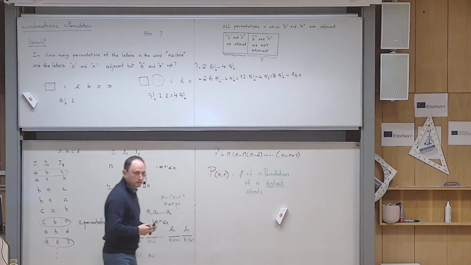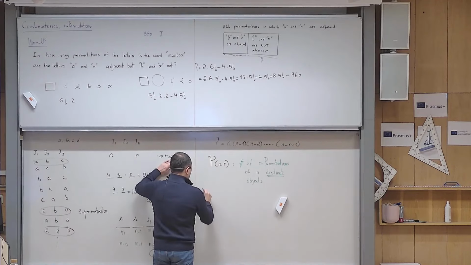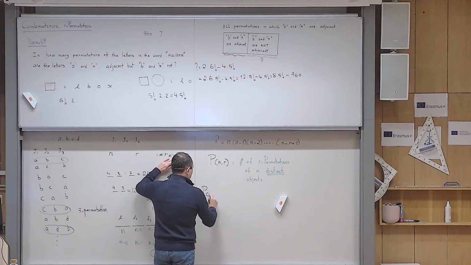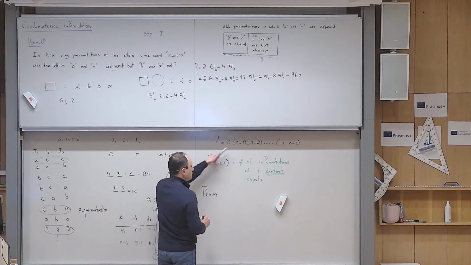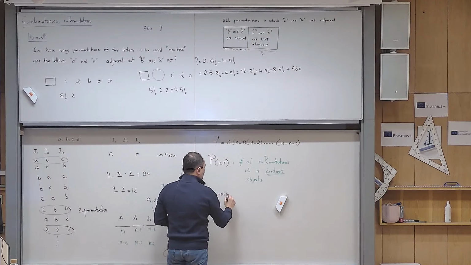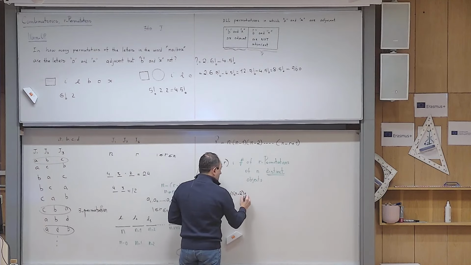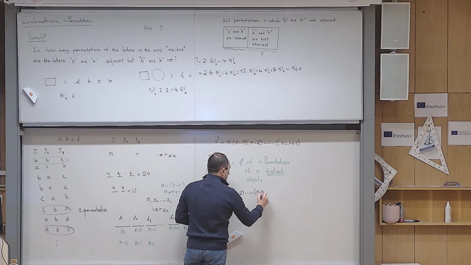Yes? So this is a formula. If someone asks you, do we have a formula for this? Yes, we just derived that. So the formula is n times n minus 1, n minus 2, and then you go up to n minus r plus 1.